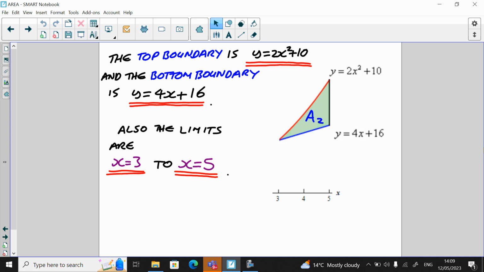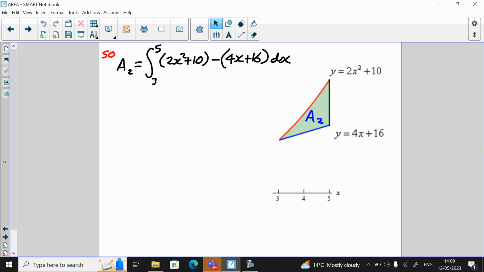So here we go. It's going to be the integral from 3 to 5 of top minus bottom. And we'll just put in the functions without the y. So there we go. Put them in. I always like to use the brackets here for the top minus bottom part.